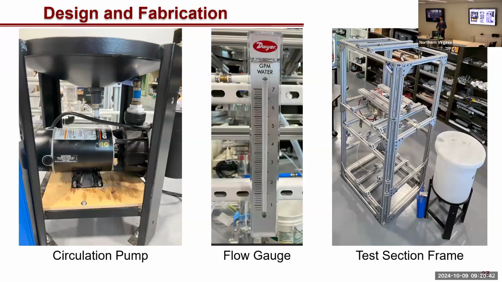So the surrogate fluid is stored within this 20-gallon tank seen in the image on the right here. That fluid is then pumped through a 1.5 horsepower circulation pump into the test section. We measure the flow rate through the test section with this flow gauge seen in the middle image.